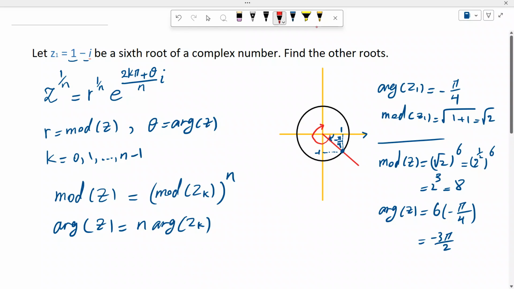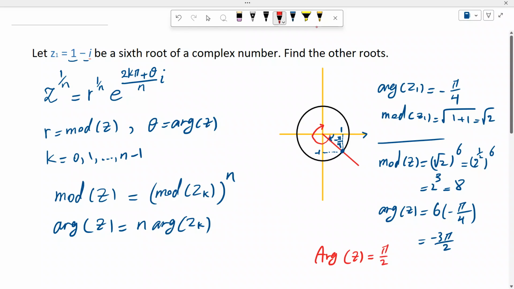But we know that if the point is on this axis, we consider the arg to be pi over 2. So the point is, if I want to show by this sign the smallest angle that can show the ray of that complex number from the right-hand side of the x-axis, now it is pi over 2.